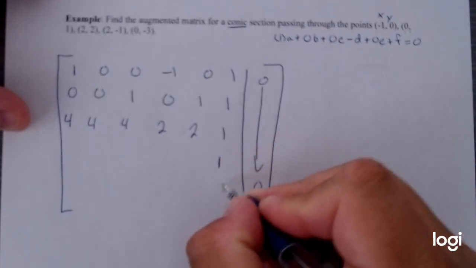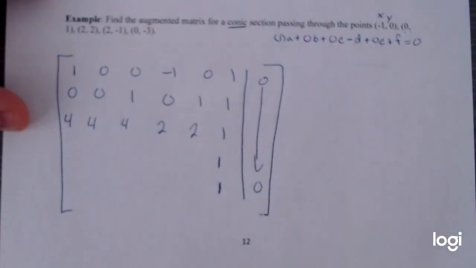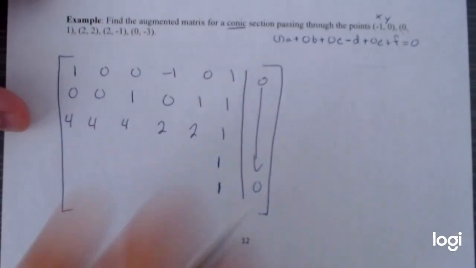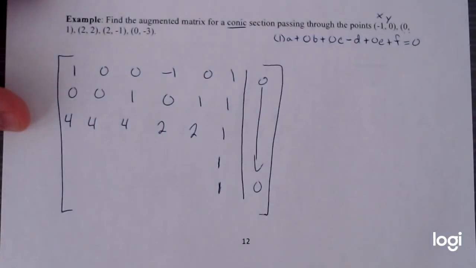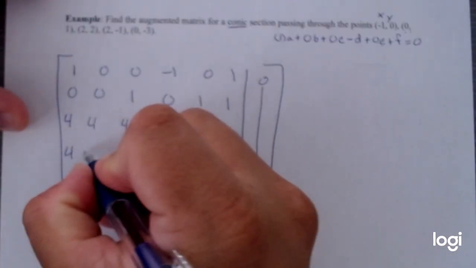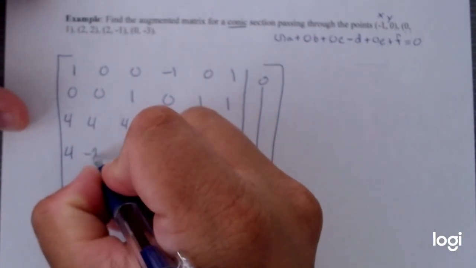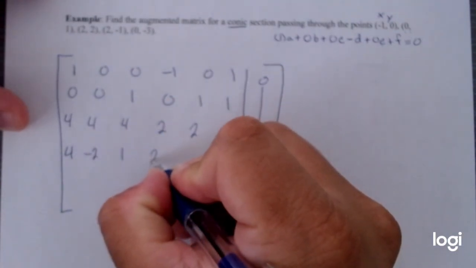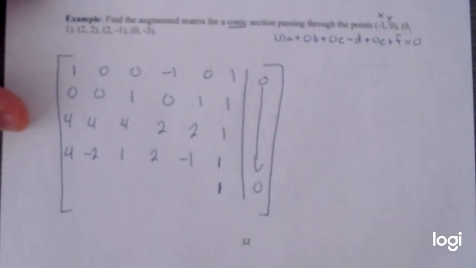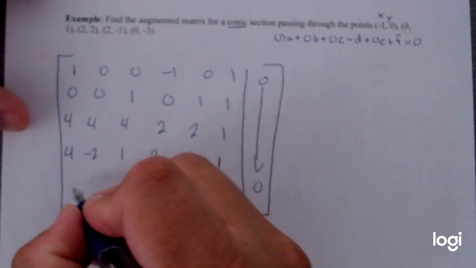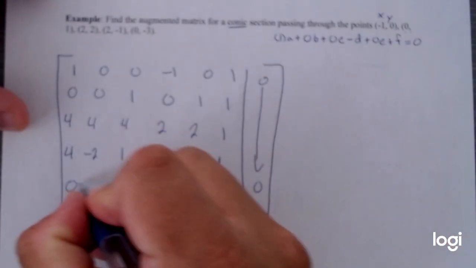Well, f is always going to be 1, so I'll just put 1 there. Okay. Same thing, if you plug in now 2, negative 1, for when x is 2 and y is negative 1, we should get something a little similar to it. And then finally, when you plug in 0, negative 3, so x is 0 and y is negative 3, we will eventually get this.